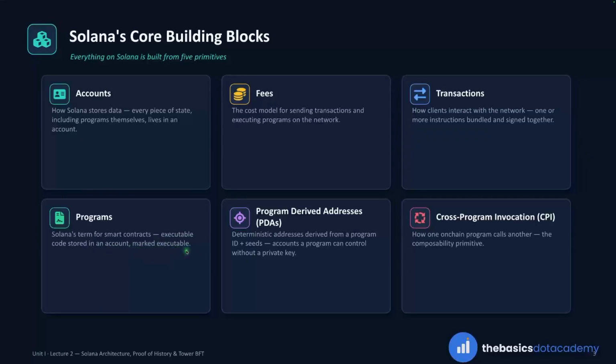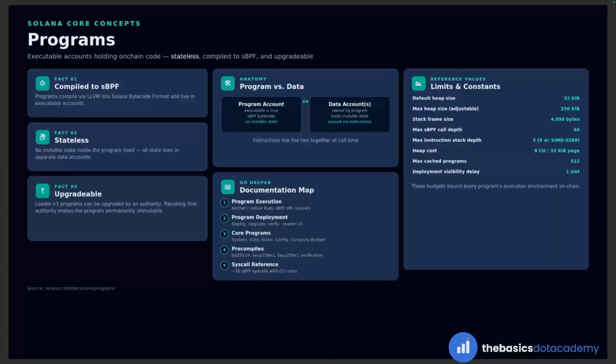These are executable code stored inside an account marked executable. One thing to note here is that in Solana, the code and data are stored separately. The account which has code has the executable field set to true, whereas the account which has only the data part has the executable field set to false.